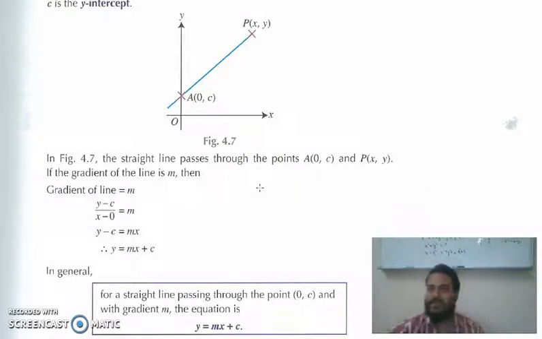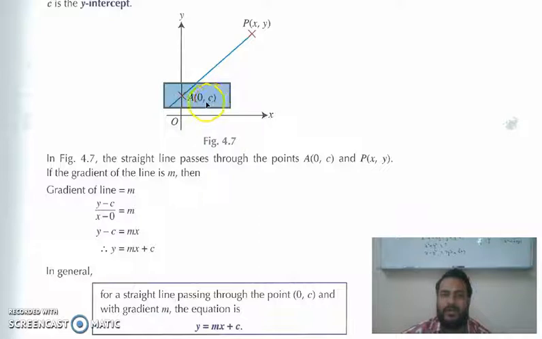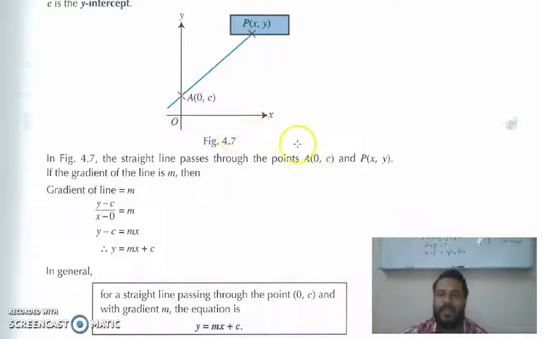So let's consider this point. Take a point A of 0 comma c because it cuts the y-axis, and take another point on the line, P of x comma y. Take its 2, right?